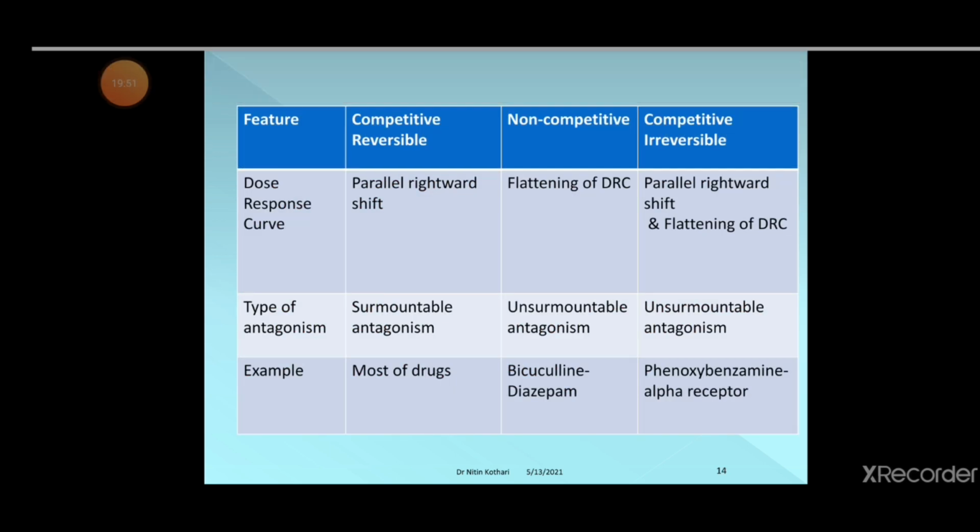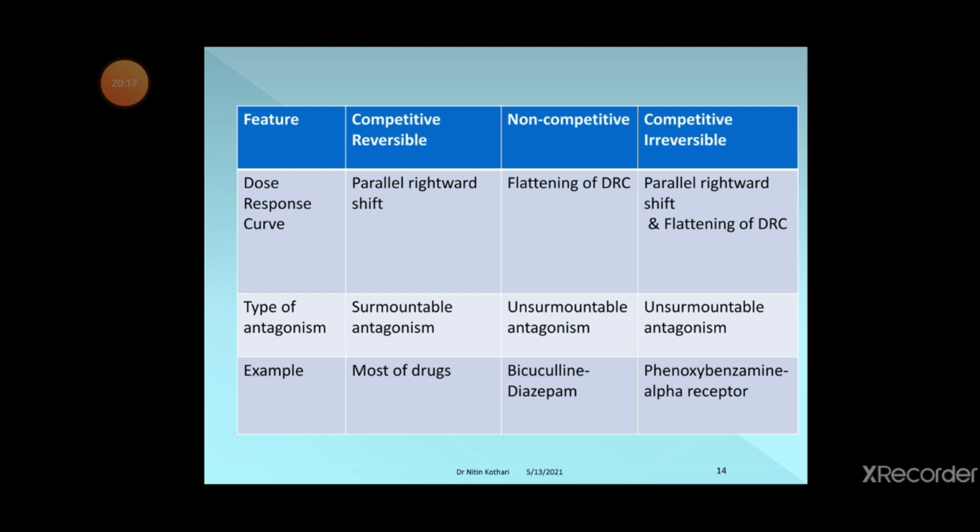So in this table we can see the dose response curve. In competitive reversible type it is a parallel rightward shift. In non-competitive type there is flattening of DRC, while in competitive irreversible type the features of both are present: parallel rightward shift as well as flattening of DRC.